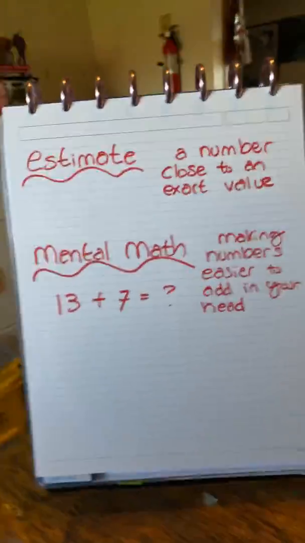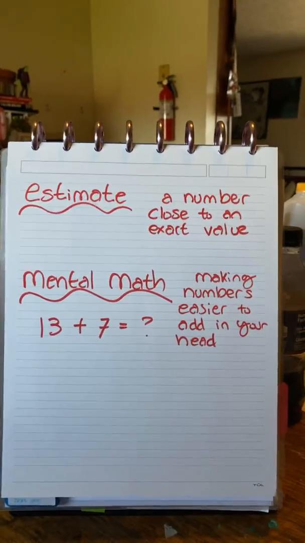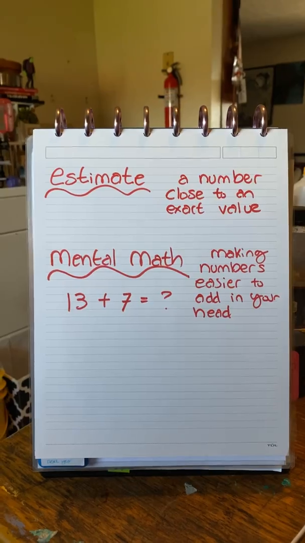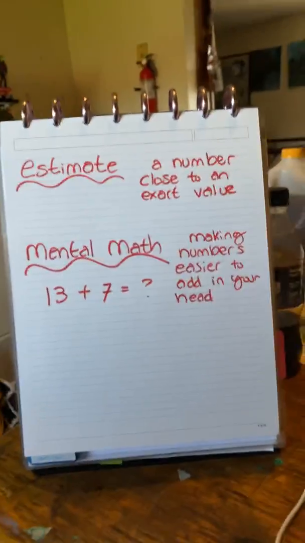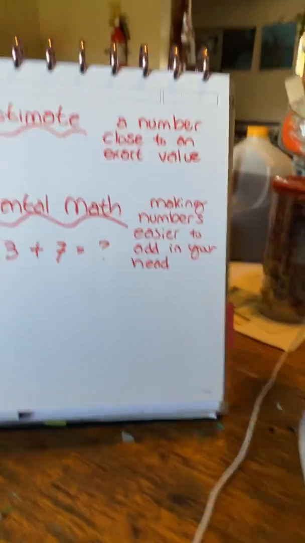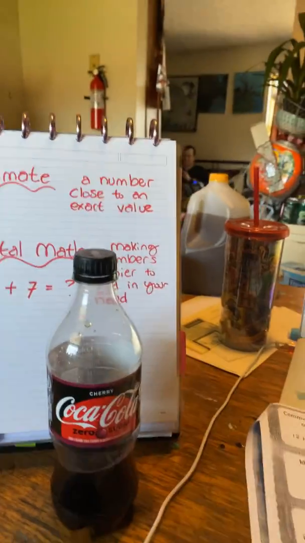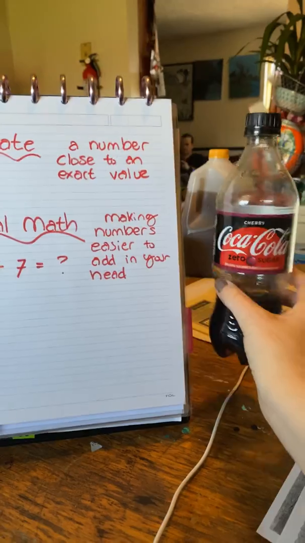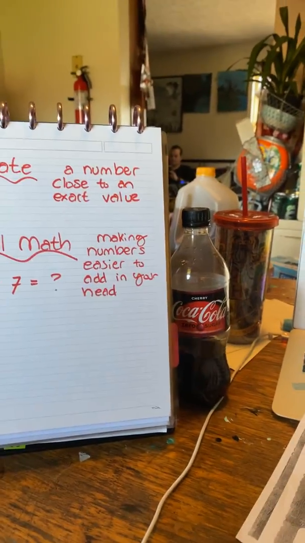All right. Next up, estimate. Estimate, that's what we use rounding for. So it's a number close to an exact value. So let's say I went to the store to buy this soda. And let's say that this soda right here costs $2, 1 penny.